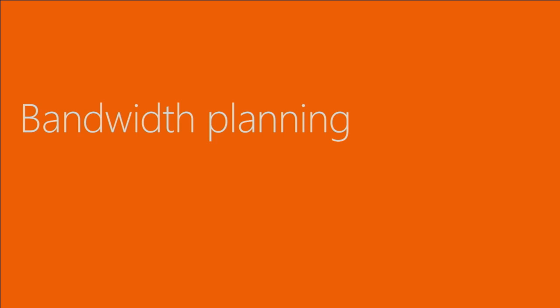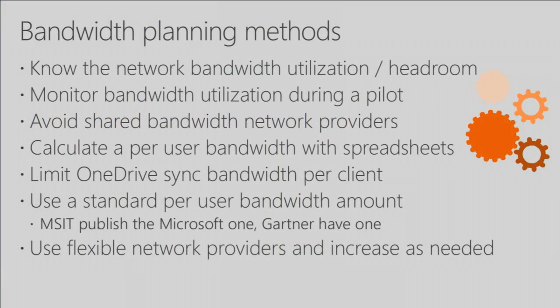The second part of our talk is going through some practical advice about this connectivity. And I have the first section, which is on bandwidth planning. A lot of people ask about bandwidth planning, and I'm going to talk about this just for a few minutes. Bandwidth planning is one of those things that it's hard, and it seems like it should be easy.